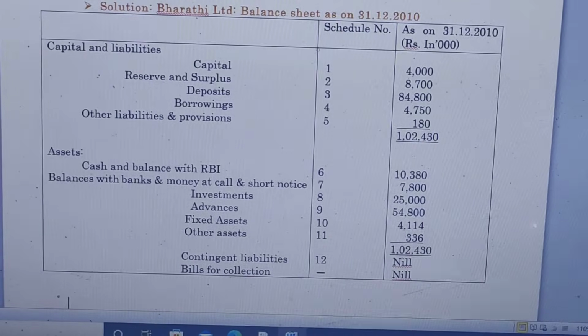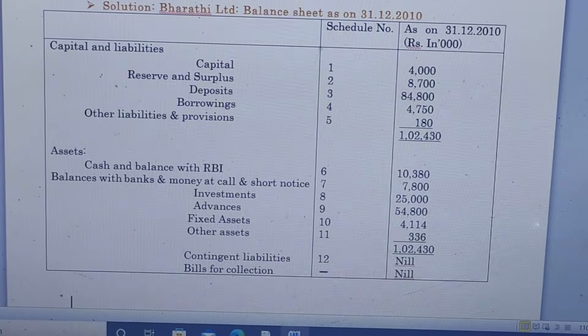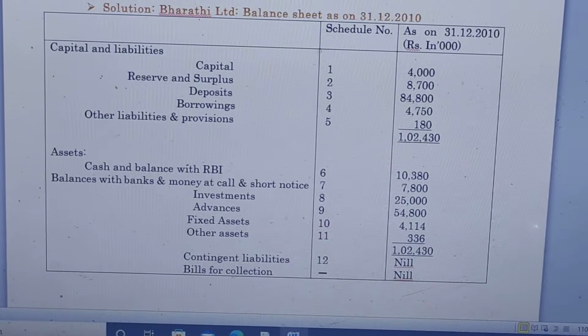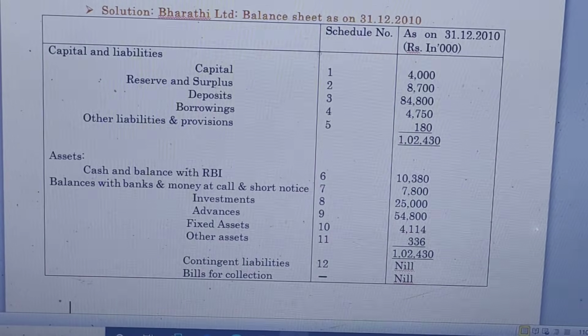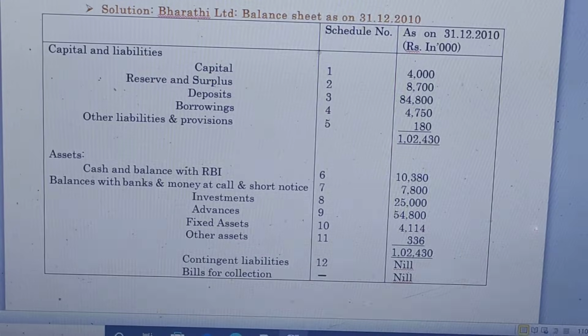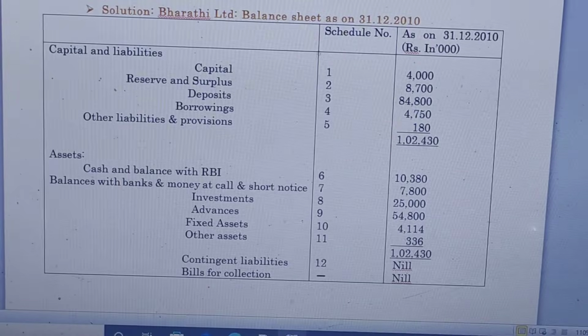Schedule number 8 heading is investments, and its total is 25,000. Schedule number 9 heading is advances, mentioned in the schedule number column.